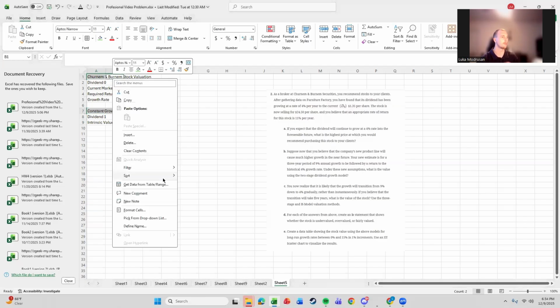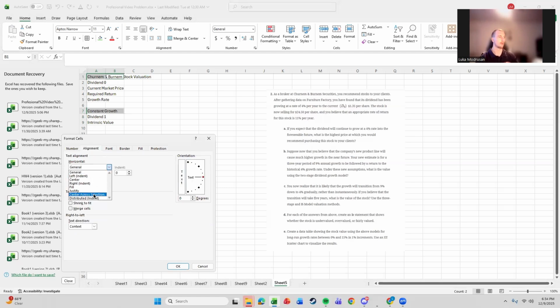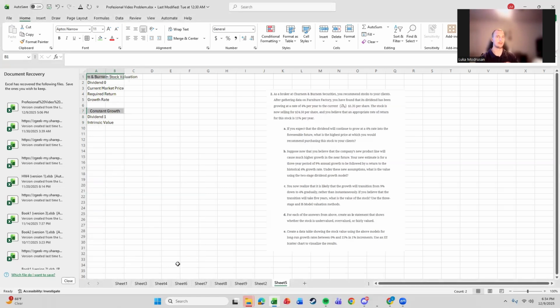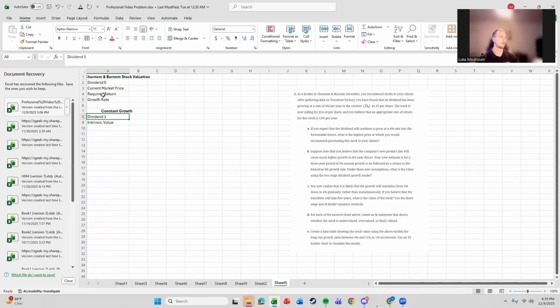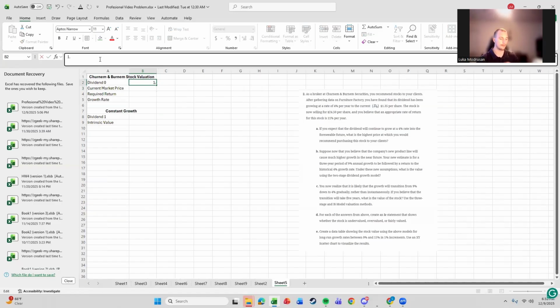So let's do some formatting right here, just like so. And then bold it, extend this out. And then I'll extend this out too. All right. So it's gonna be 135, not 25, 35.